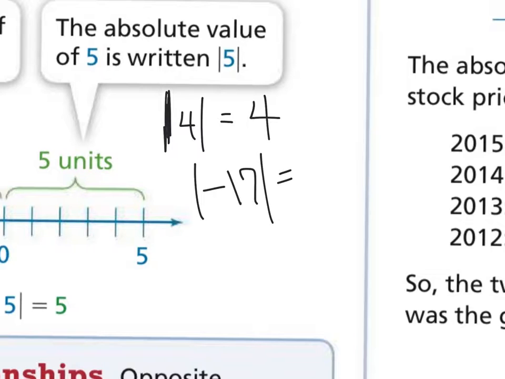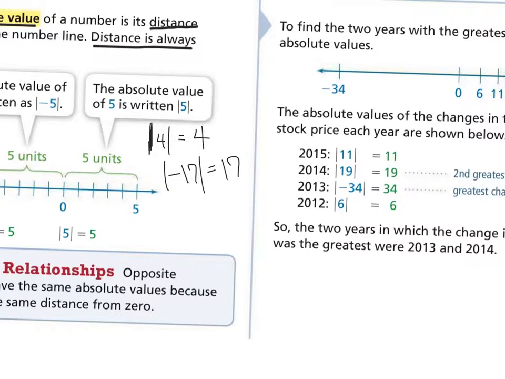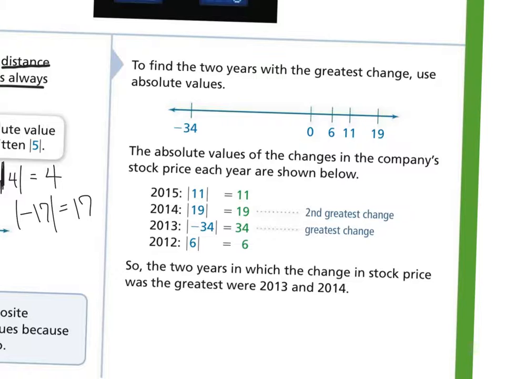In other words, how far is -17 away from 0? It would be 17. So again, it's always going to be a positive number, so you might see the theme here. Basically, the number stays the same, and we just make sure that our answer is positive. Pretty simple, but we have to make sure we remember what's going on.